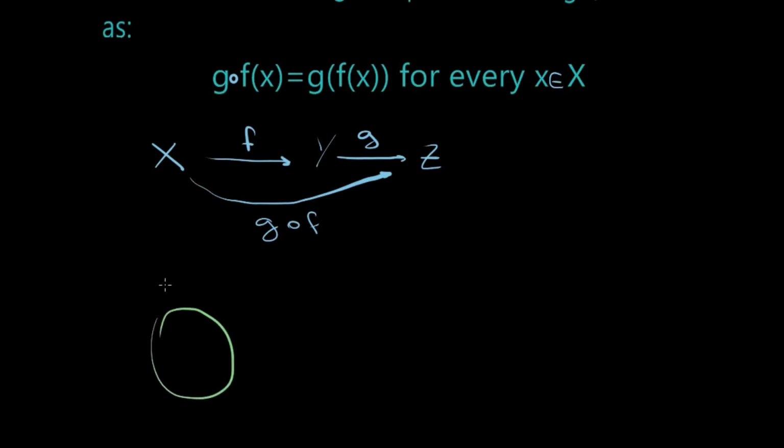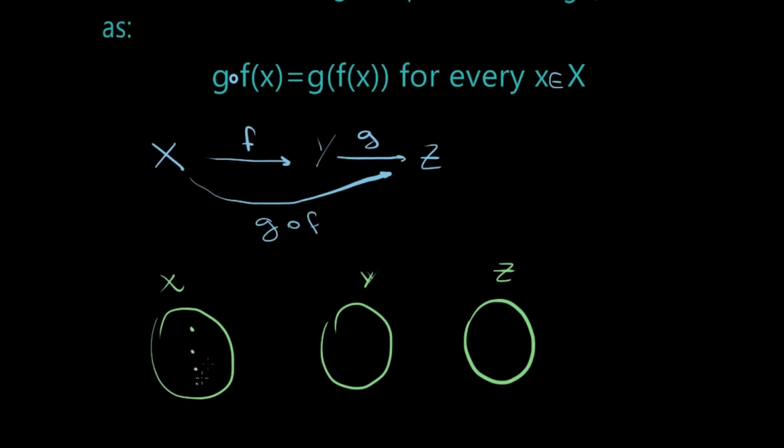So I'm going to draw X, Y, and Z. And the dots will be some of the elements. So I can define f here.